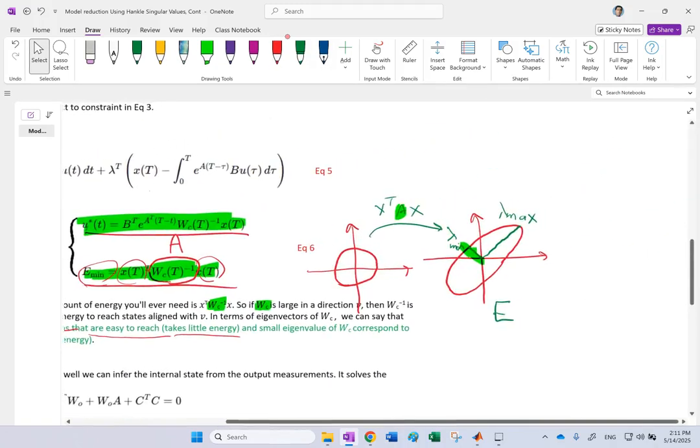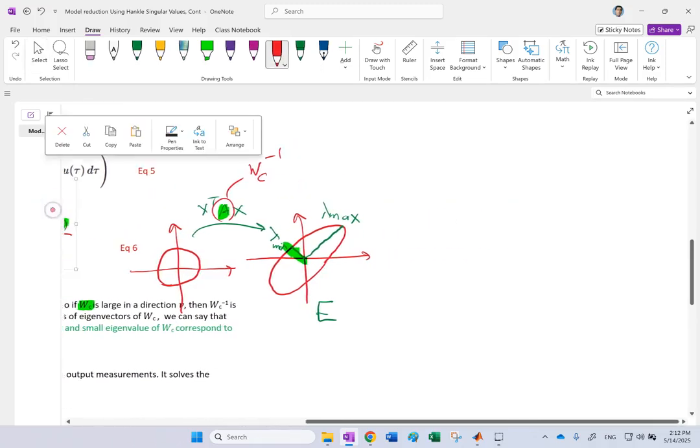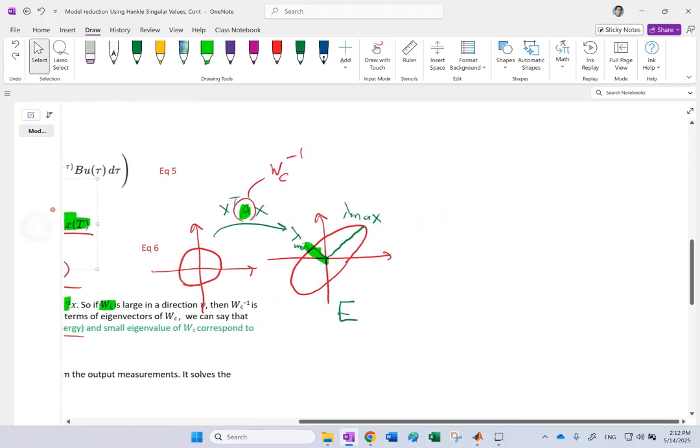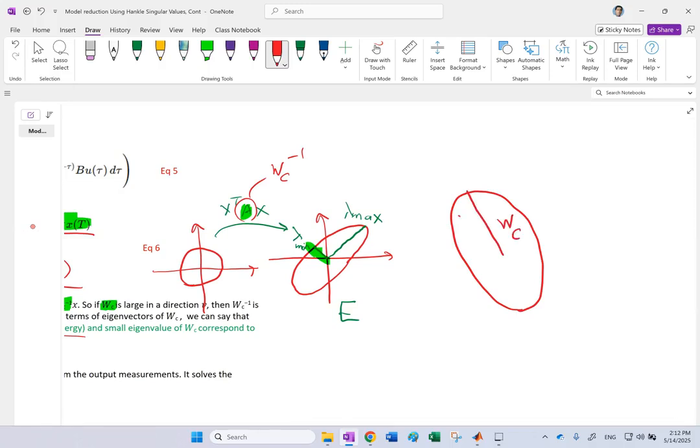You're right. The directions corresponding to any eigenvalue is called the eigenvector, right? So here, this one, which is WC inverse, I want the minimum of that. So for the WC itself, that corresponds to this maximum direction of that. And this direction is the eigenvector corresponding to the maximum eigenvalue.